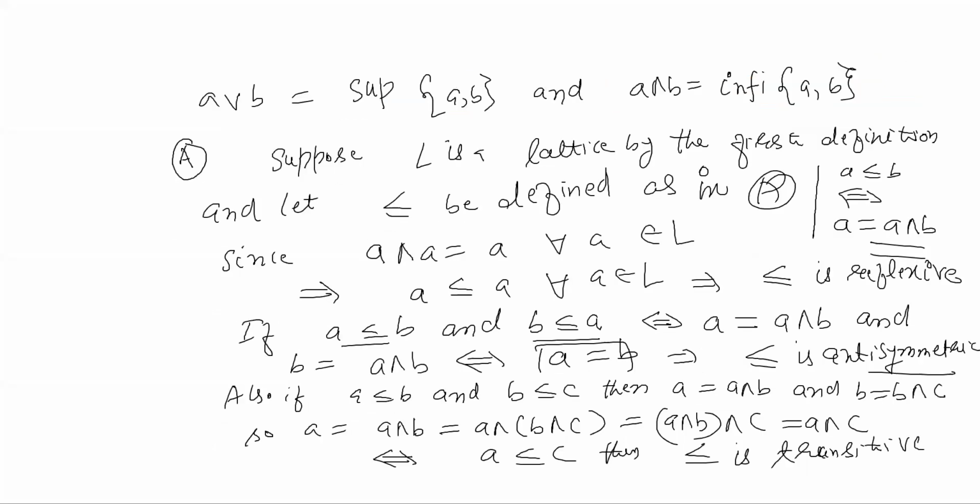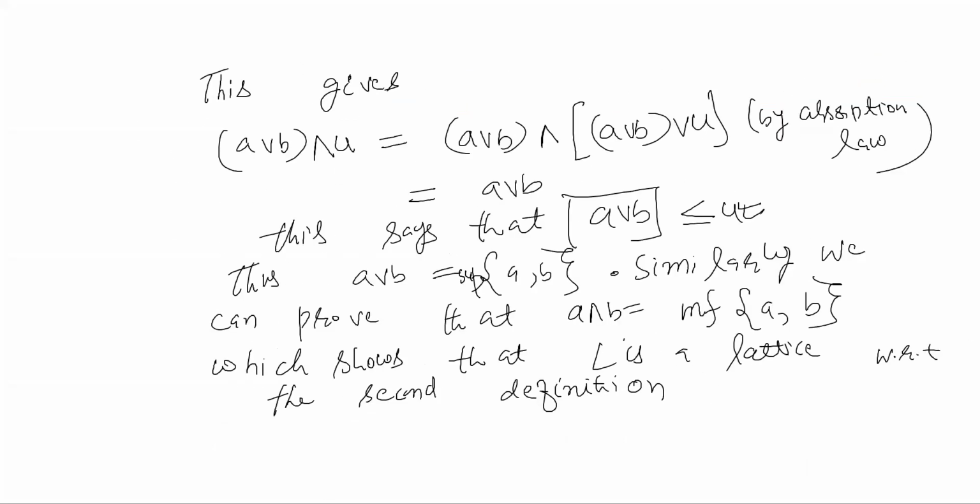Now the other part is also, I think, straightforward. You can just see it. Now part B: if on the other hand we are given a lattice L by the second definition.